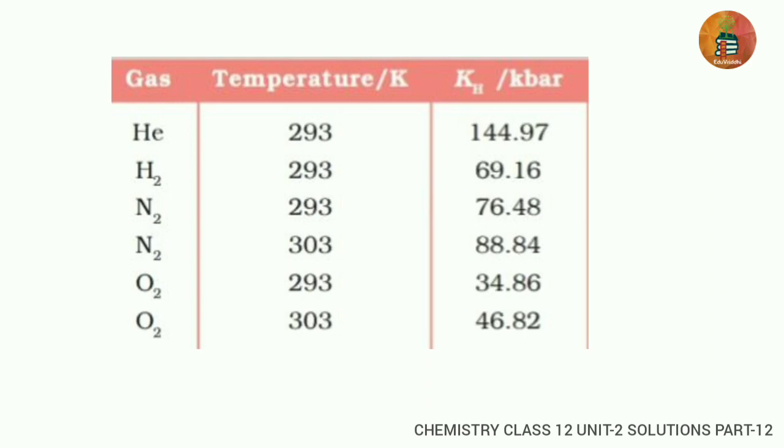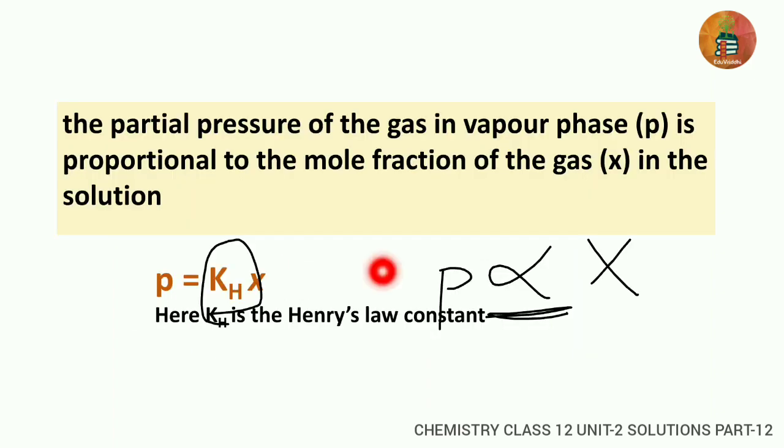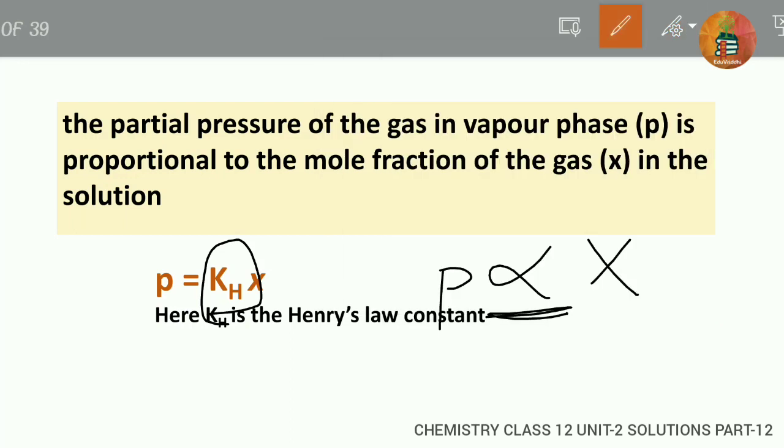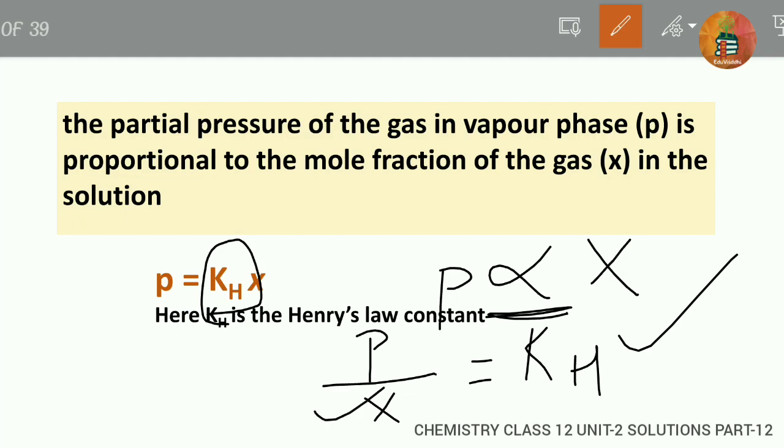That means the higher the value of Kh, the lower the solubility. To understand this, you can use this equation. If I bring the mole fraction to the denominator, I get P by X equal to Kh. That means as Kh is increased, the mole fraction is decreased, which means solubility also decreases. So the higher the value of Kh, the lower the solubility or mole fraction.